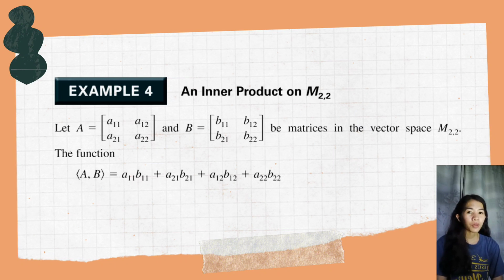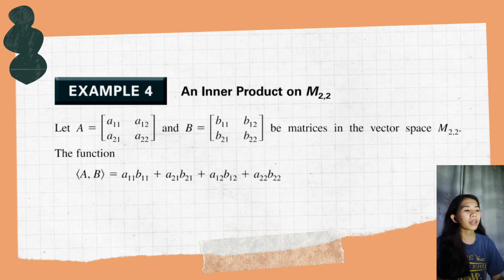Good day everyone, I am Juresa and I am the second reporter in group 2, and I will discuss example number 4. In this example, we are going to take a look at the inner product on the set of 2 by 2 matrices. We simply multiply the corresponding entries together. Here in the example, A is A11, A12, A21, and A22, and B is equal to B11, B12, B21, and B22.